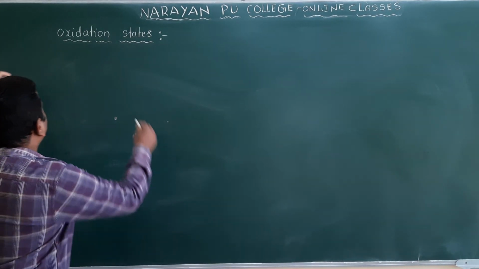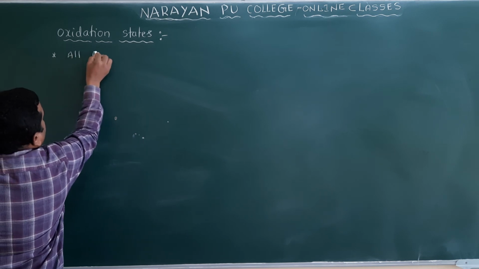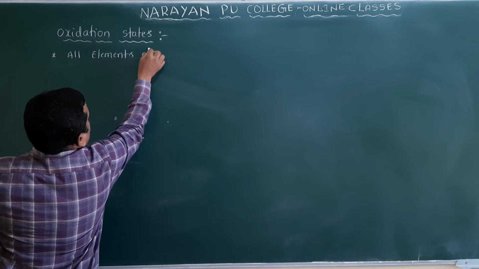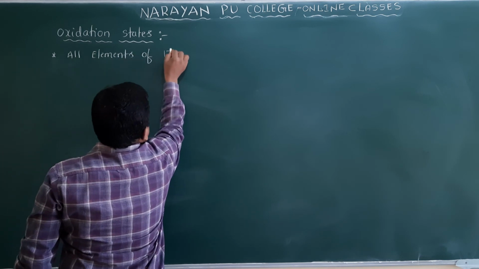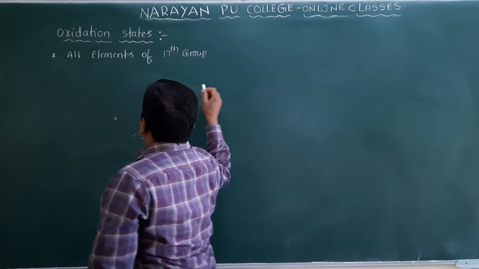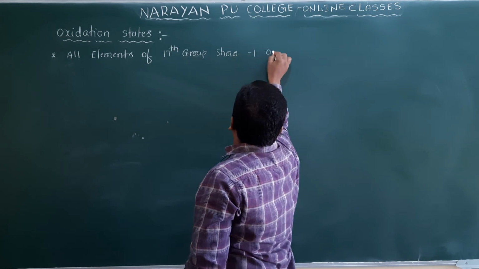So first, all elements of the 17th group show the -1 oxidation state.